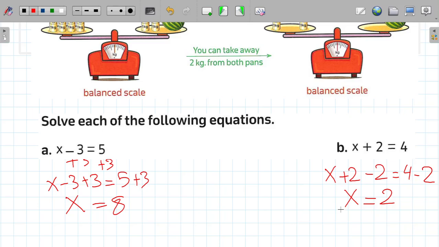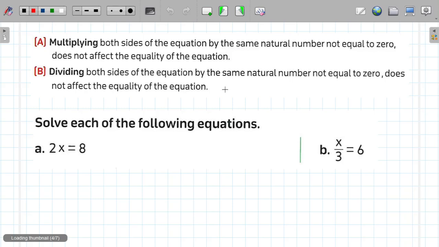Okay, next I have the same thing about multiplying and dividing both sides by the same natural number, but not equal to 0.